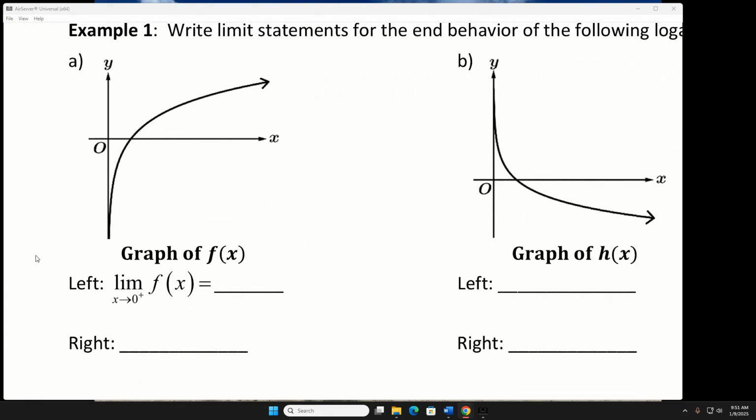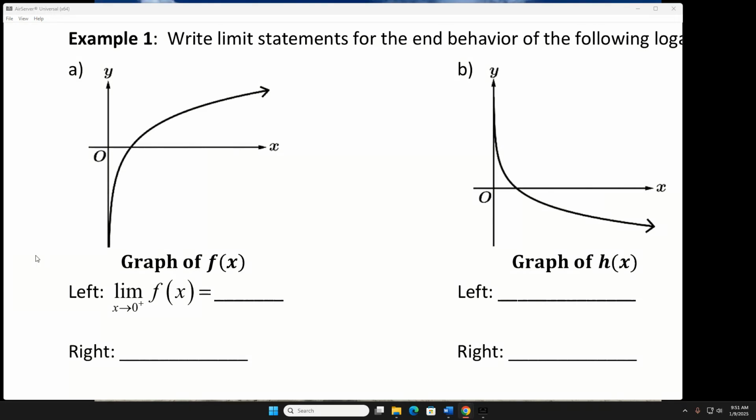Okay, so let's do some limits. We're going to describe the end behavior, and Brian Passwater got you started on this first one. The left side, we are always going to have the limit as x approaches 0 from the right of the function f of x. So if we're going towards x is 0 from the right side, what is the graph approaching? Negative infinity.